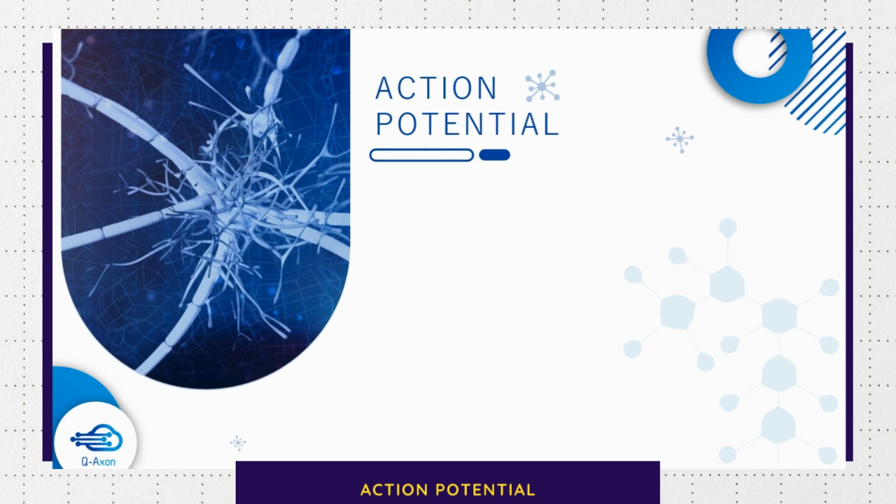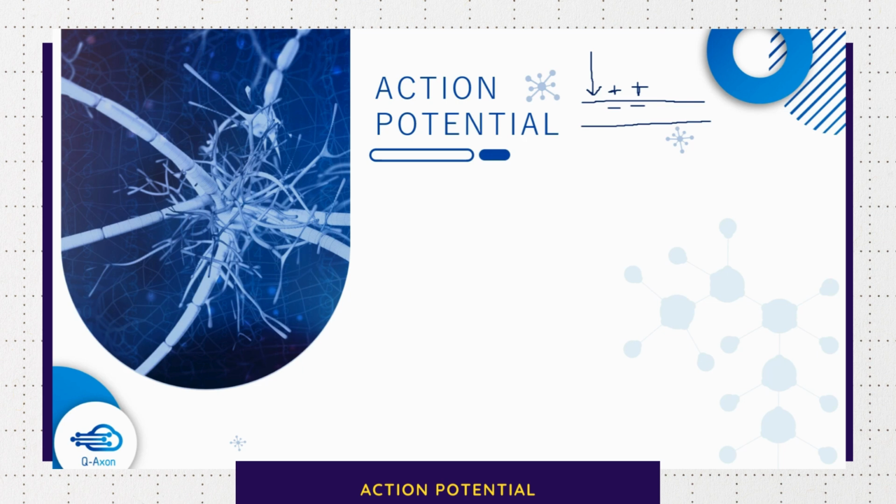So what is an action potential? Now let's draw a diagram to understand this. So imagine this to be an axon, and we know that at rest the inside is negative with respect to the outside. Now let's say you apply a stimulus to this axon, a stimulus of adequate strength.